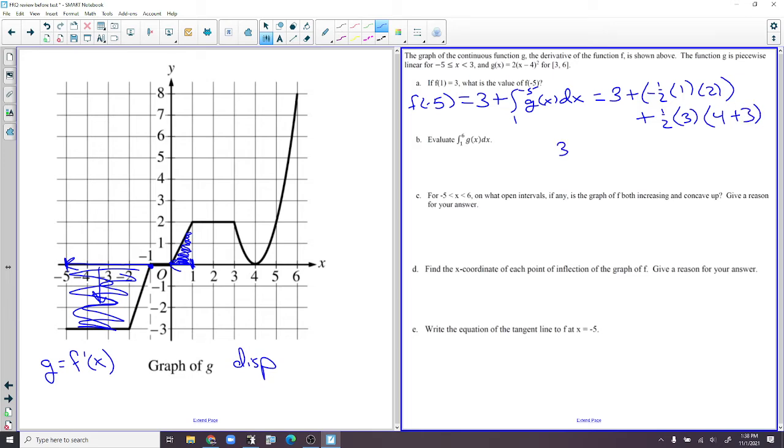So we have 3 plus, actually, excuse me, 3 minus. We'll just make that a minus now. 3 minus 1 plus 7 times 3 is 21, 21 over 2. So we have 2 plus 21 over 2, that's 4 halves. So it looks like 25 halves is the answer to letter A.